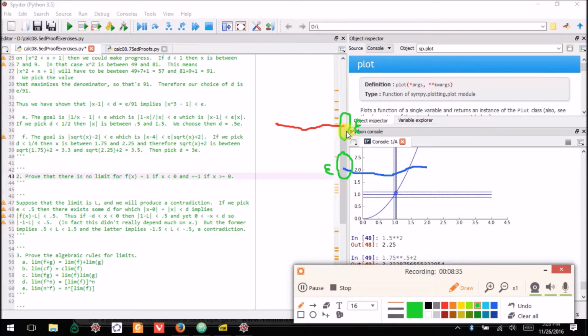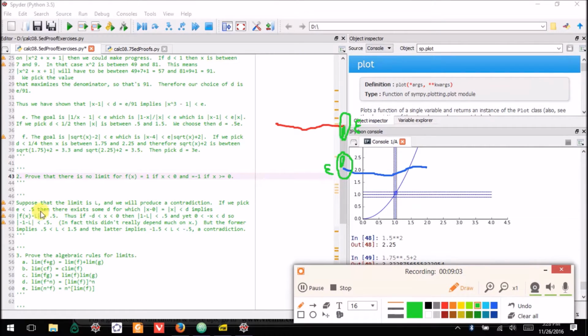So the limit has to be somewhere up here, and it has to be somewhere down here, as long as I choose epsilon small enough. And if I want to keep these separate, I'll pick epsilon equal to 0.5, right? That's a small enough distance from -1 and a small enough distance from 1 so that these don't overlap, and that means that the limiting value has to be in 2 different places, and that's impossible. So that's the kind of picture that I'm working off of.